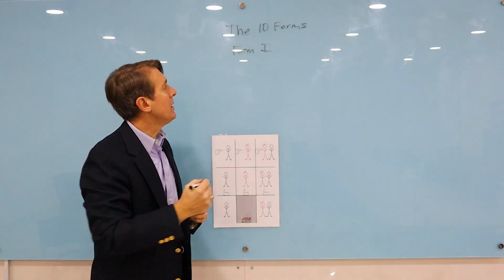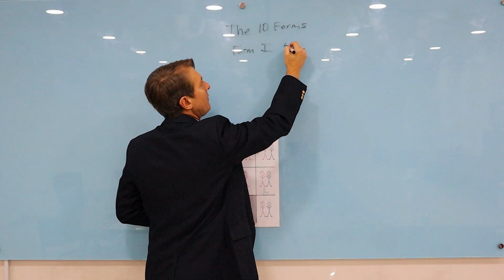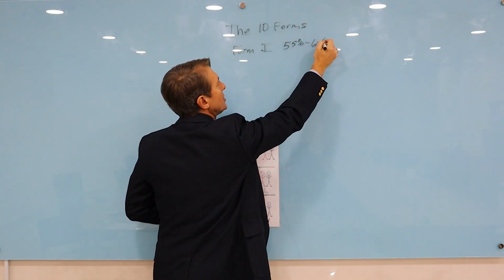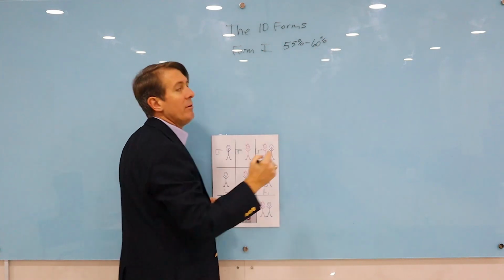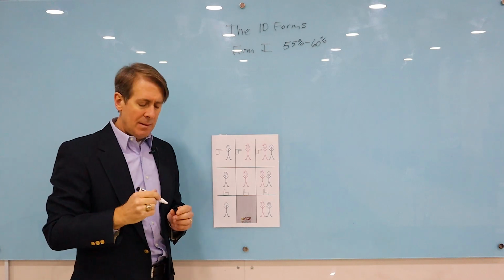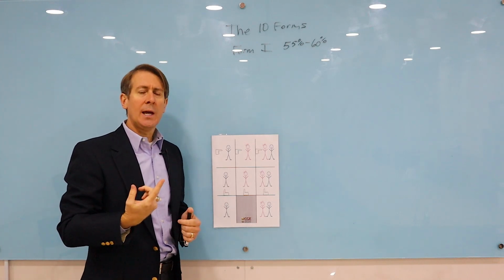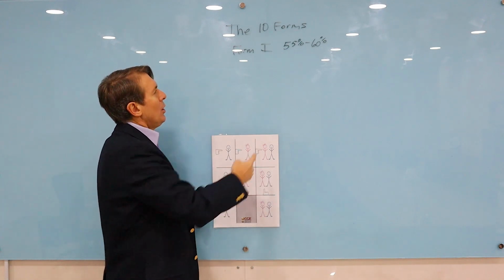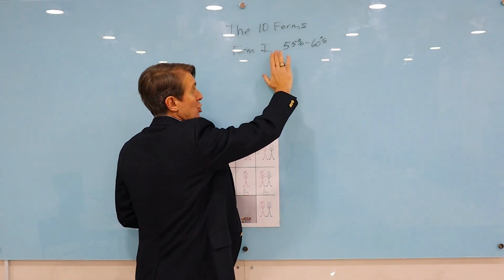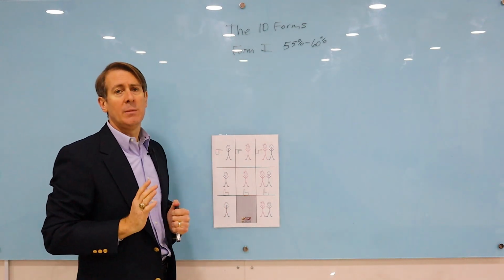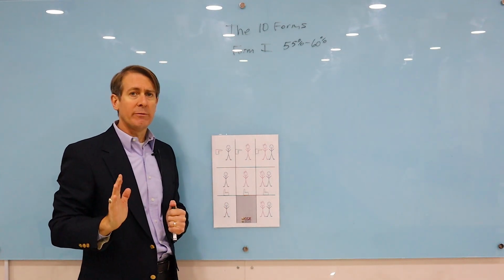So Form I makes up 55 to 60% of all Arabic verbs. That means that in our spoken language and in the MSA that we use, the majority of those verbs are going to be found in the Form I category of verbs.